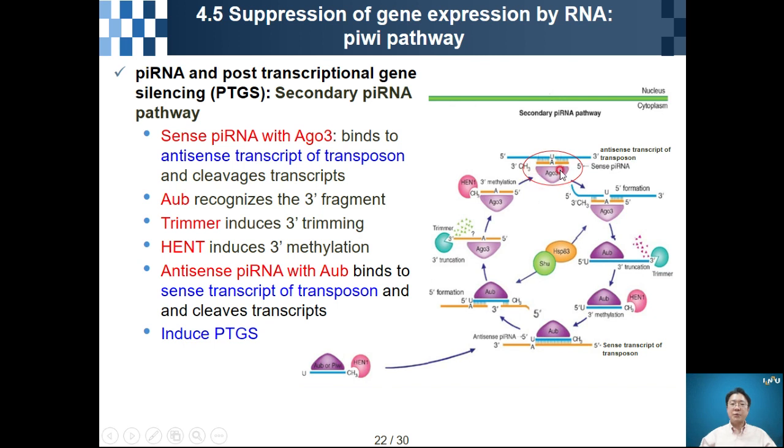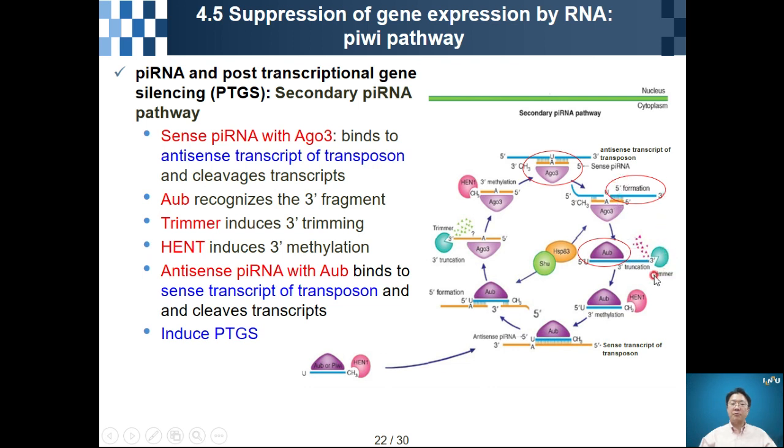After that, it will cleave the transcript. So this part will be the 5' fragment, and this part will be the 3' fragment. After that, PIWI or AUB recognizes the 3' fragment.